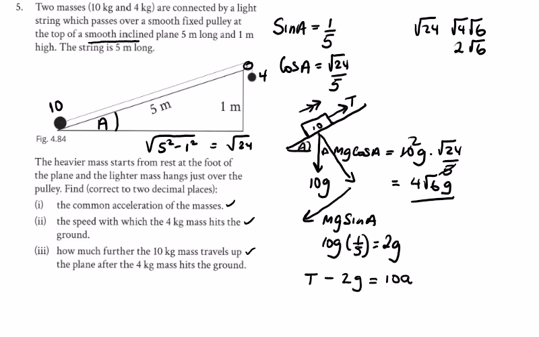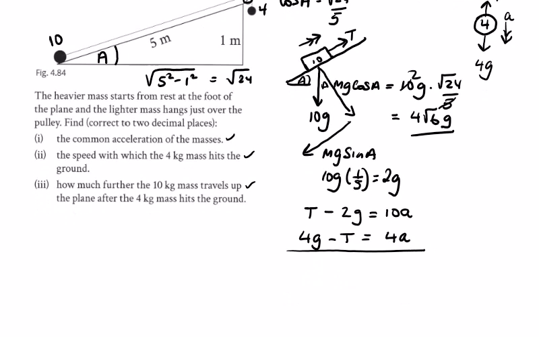And then if we do the 4 kilo here, tension, 4g, A is going down, so I'll write this equation underneath. 4g minus T is equal to ma, 4a. So combining these two equations, we're going to get 2g is equal to 14a.